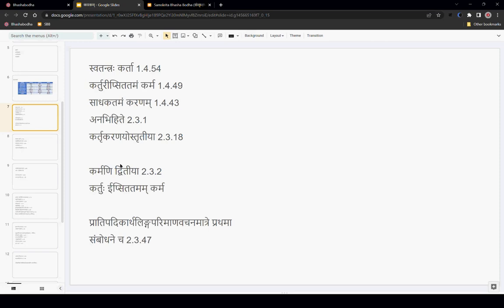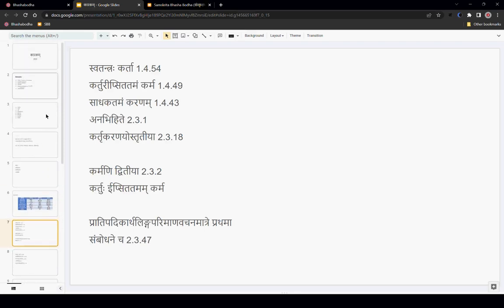When some karaka is expressed by one of these vibhaktis or by some other namapada, then on the namapada in question, what will be applied? Prathama vibhakti only, because that is the default, we saw earlier.